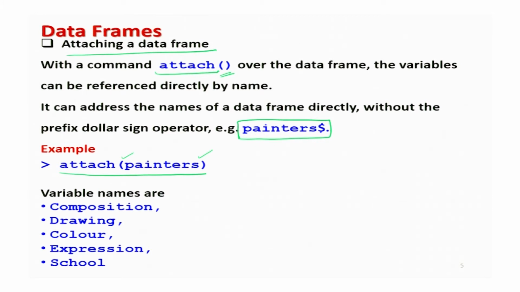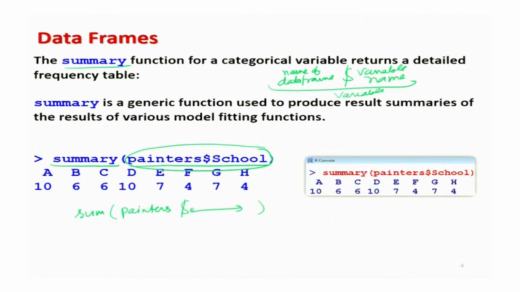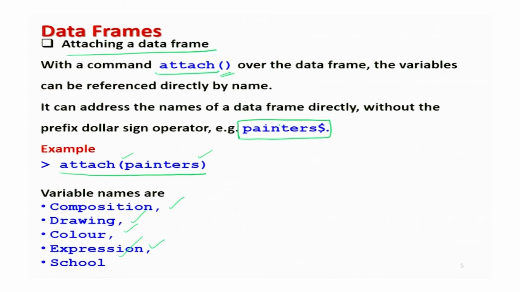You can directly access them by their names. For example, the column names or the names of the variables in painters were composition, drawing, color, expression, school. Earlier, if you wanted to access the data on the variable school or expression, you would write painters dollar school or painters dollar expression.